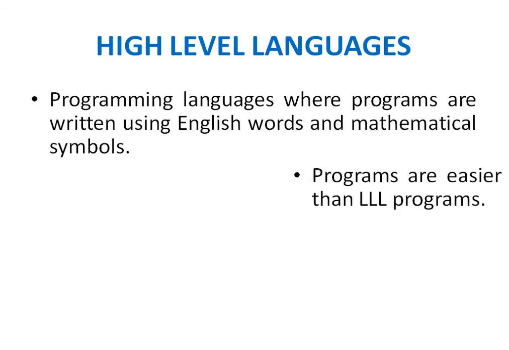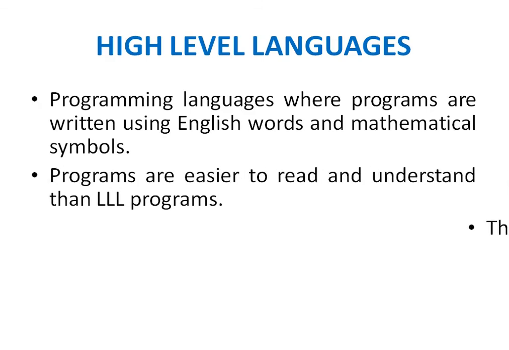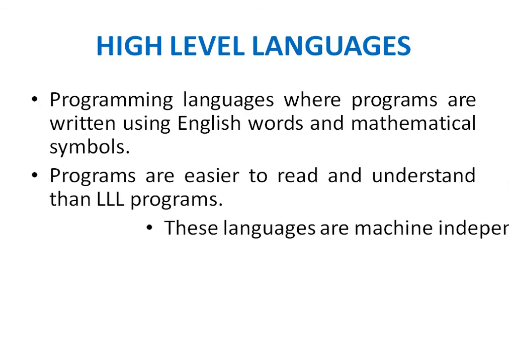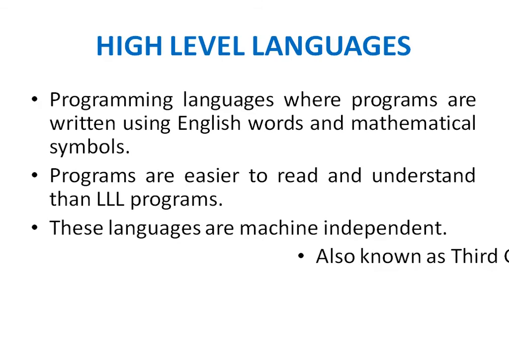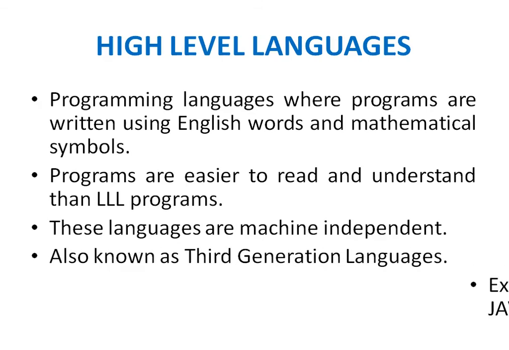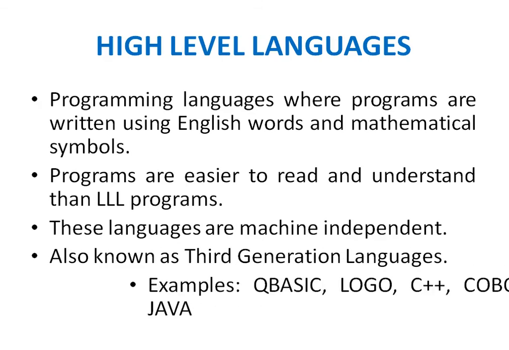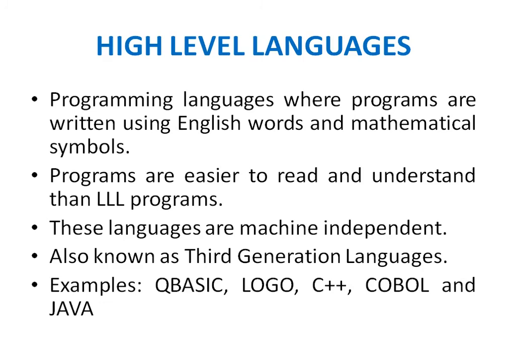Next we have high-level languages. These are programming languages in which programs are written using English words and mathematical symbols. Programs written in high-level languages are easier to read and understand than low-level language programs. These languages are machine independent.